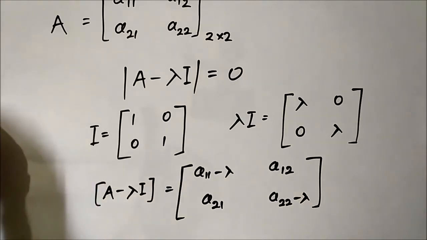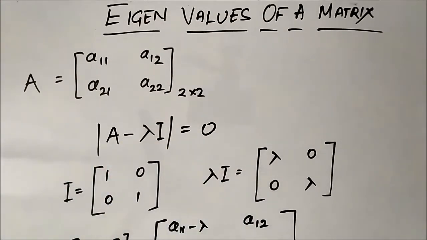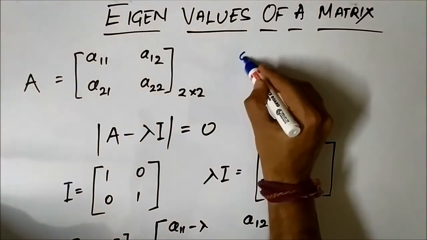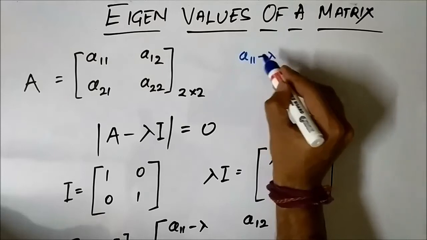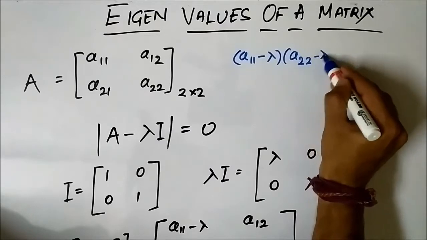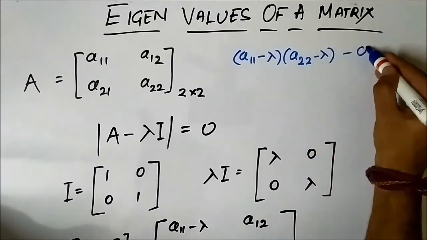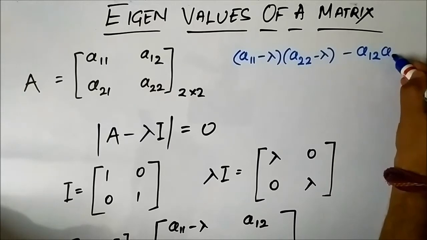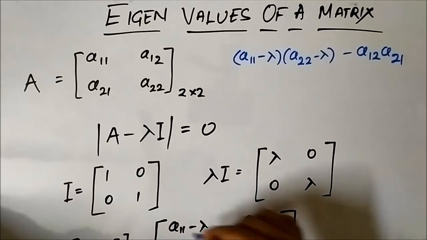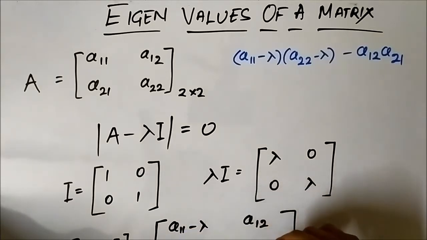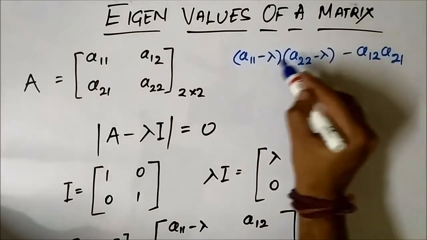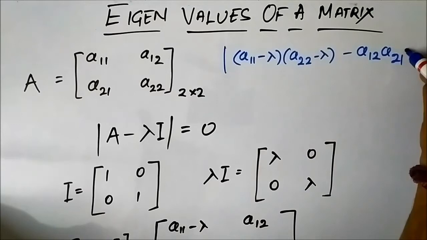The determinant value will be A11 minus lambda into A22 minus lambda minus A12 into A21. The determinant is the product of the principal diagonal elements, or the leading diagonal, minus the product of the second diagonal elements. This determinant value is equal to 0.